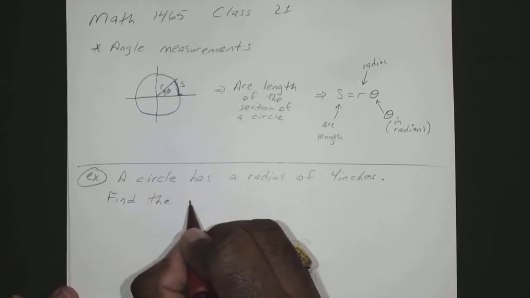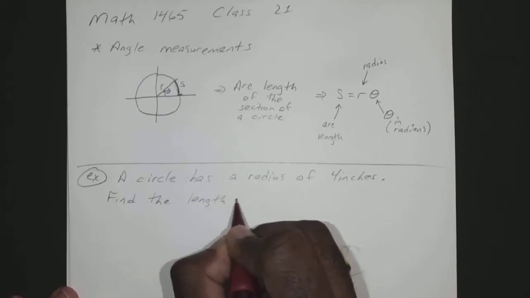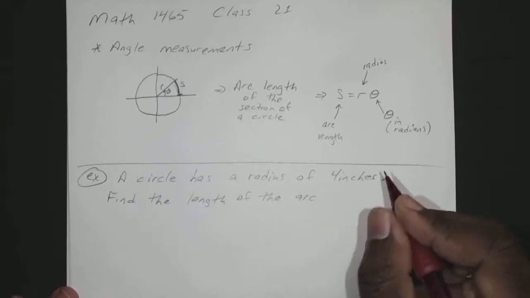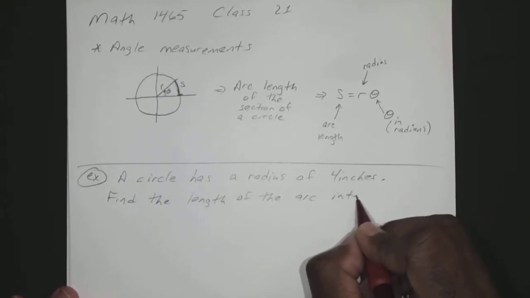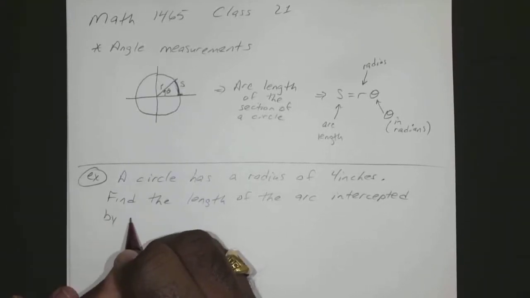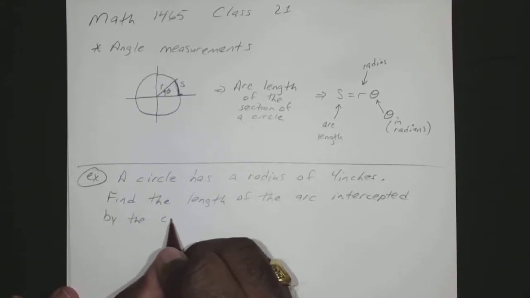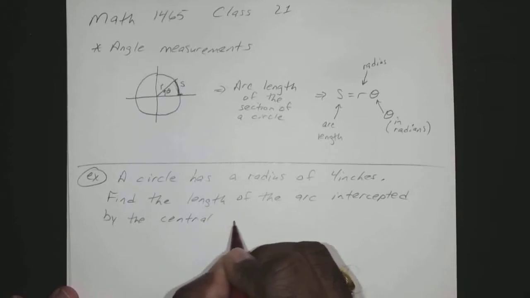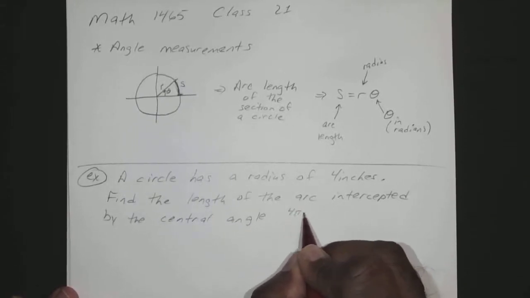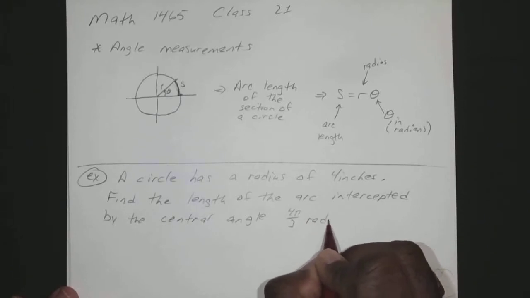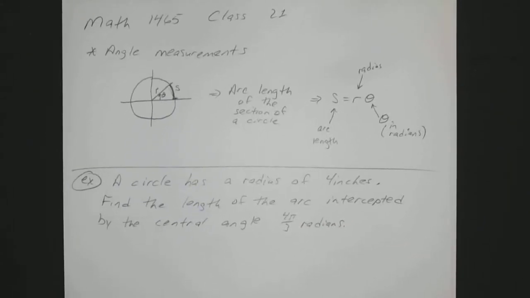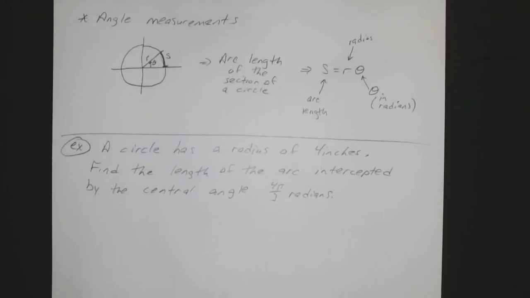Find the length of the arc intercepted by the central angle 4 pi over 3 radians. Straighten that up a little bit.